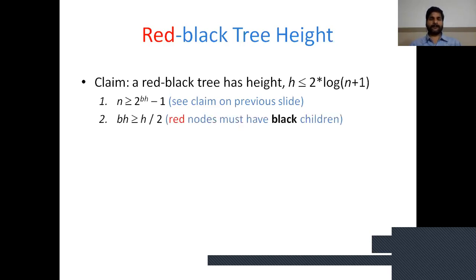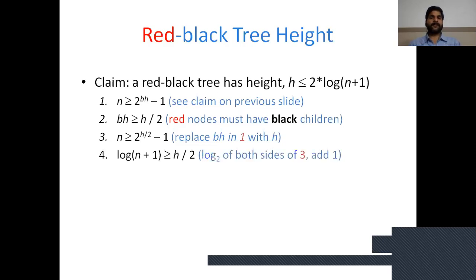According to the property, if a parent node is red, then both children are black. So bh is less than or equal to h by 2 at minimum. Then put the value of bh in the first step. So n is greater than or equal to 2 to the power h by 2 minus 1, replacing bh in the first inequality with h by 2.